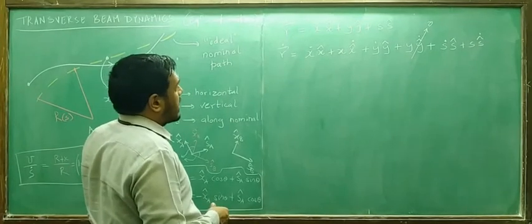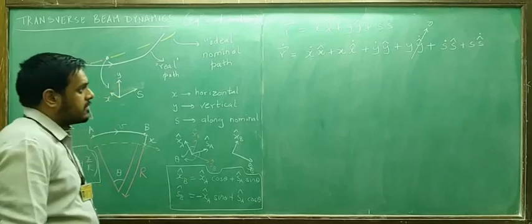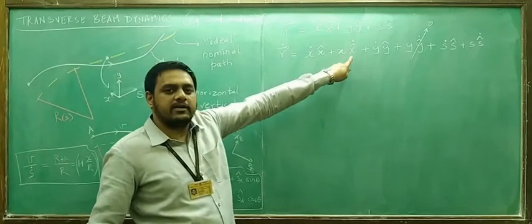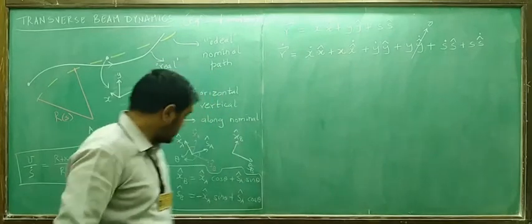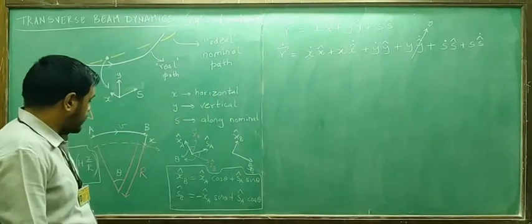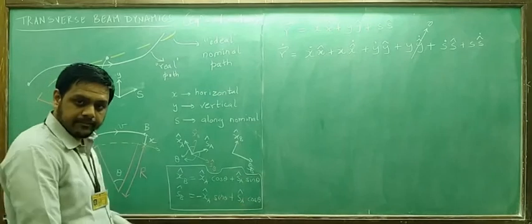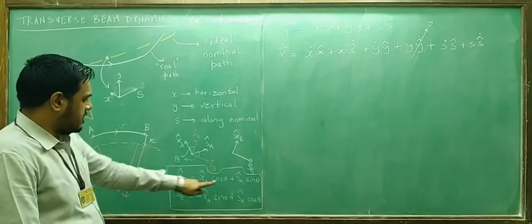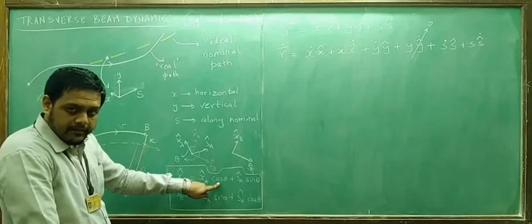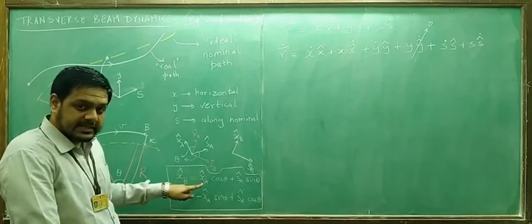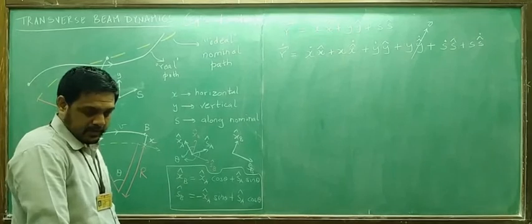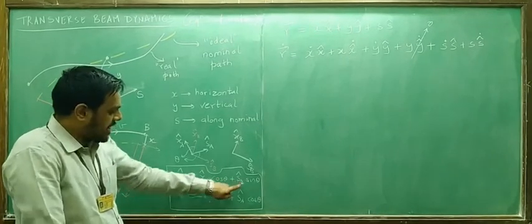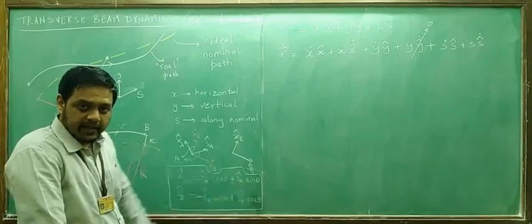What else can we do from here? You know that you can substitute the value of x hat dot, because we have this now. We said that we will simplify this as this will become 1. So you get xb minus xa, which is delta x hat, equal to s hat multiplied by delta theta.